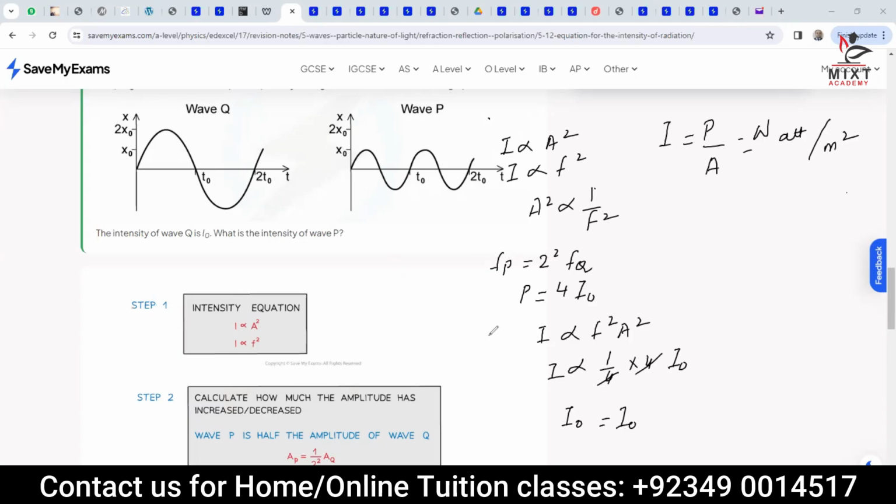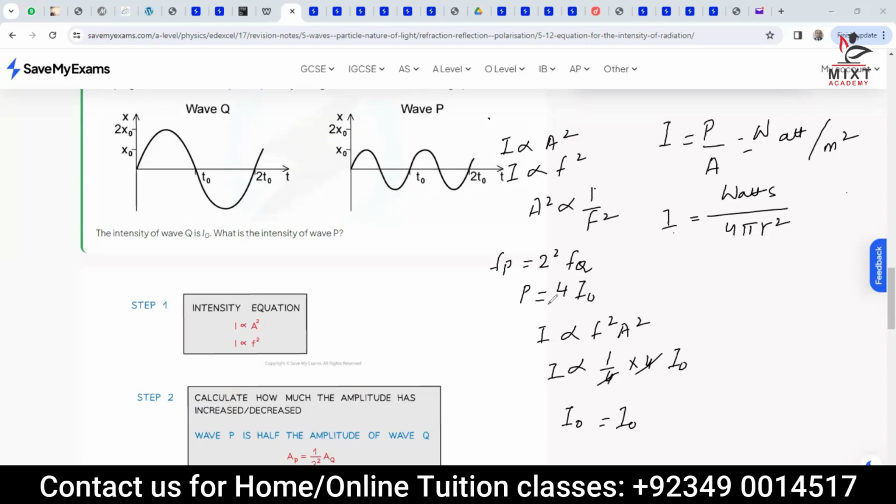You can say power passing through a certain area is called intensity. Then we have seen spherical waves which go everywhere, so it will be watts divided by 4 pi r square. Now this tells you a different story. Intensity is directly proportional to 1 upon r square. So if radius or distance increases, the intensity reduces, right?